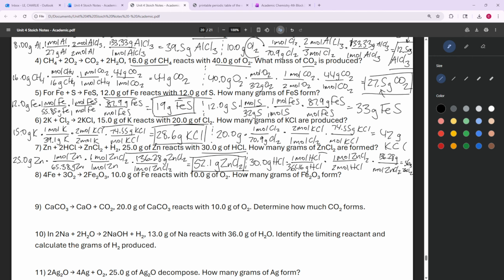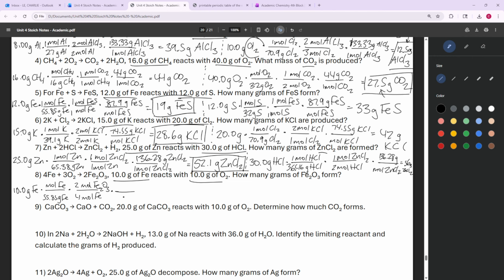Next, so we have 10 grams of iron, 10 grams of oxygen, right? So 10 iron times, so for every 55.85 grams of iron, we have a mole. For every 4 moles of iron, we get 2 moles iron oxide.